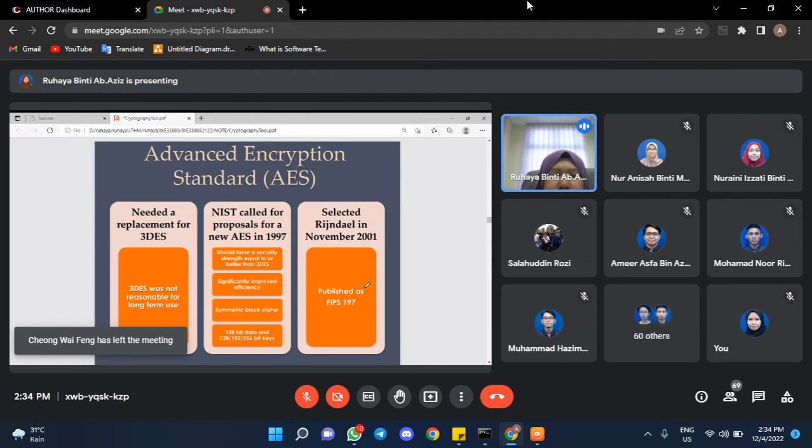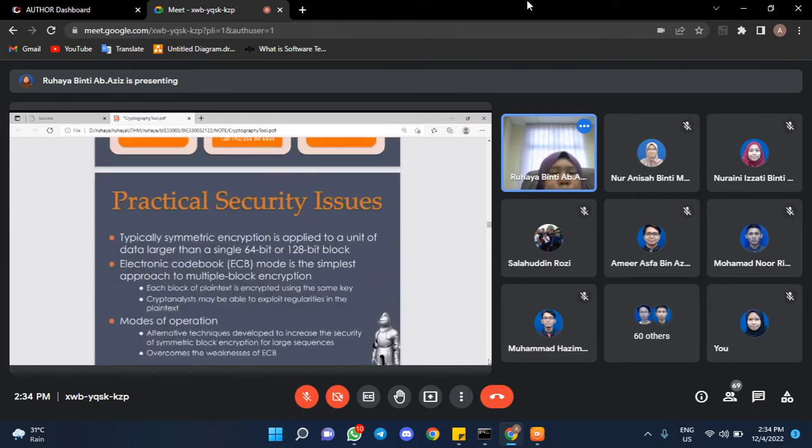It should have a security strength equal to or better than 3DES, with significantly improved efficiency. It still uses a symmetric block cipher, with 128-bit data blocks and 128, 192, or 256-bit keys.